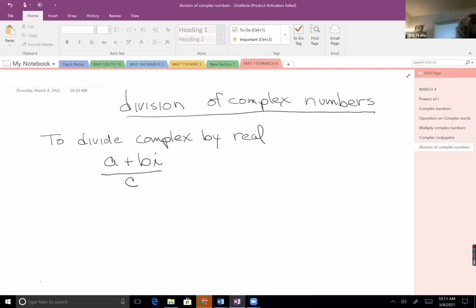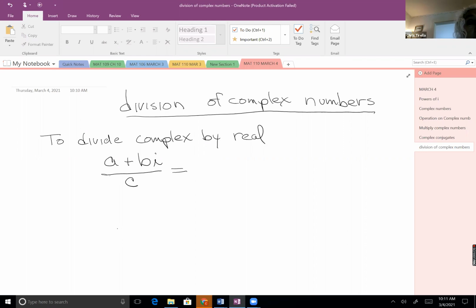And again, this behaves very much like if we were dividing a binomial by a monomial, if that last number, the denominator, is real. And so we have a plus bi over c.